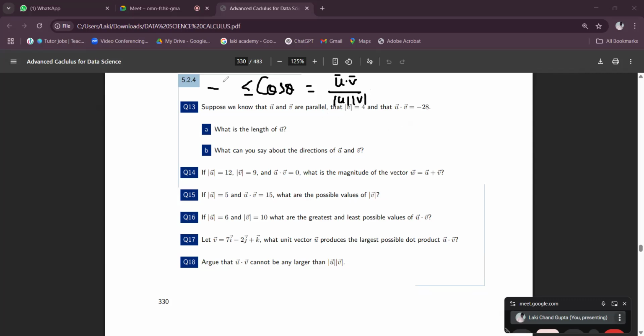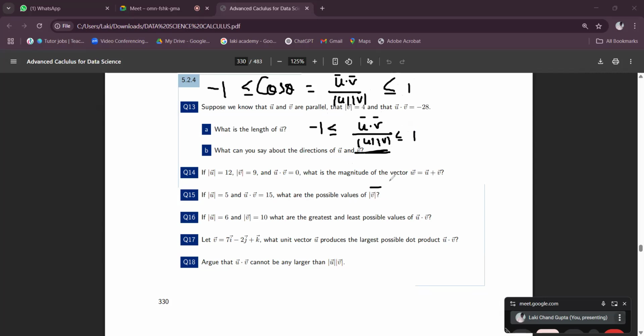But you know cos theta lies from -1 to +1, right? So you can say u dot v, and multiply this term on both sides.